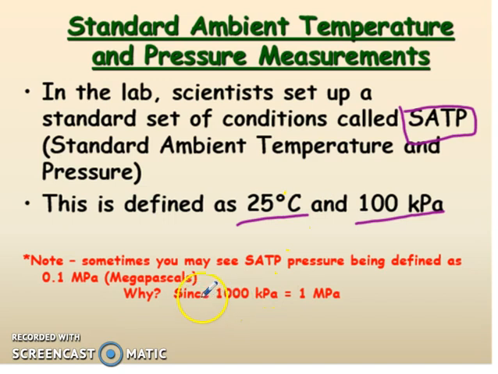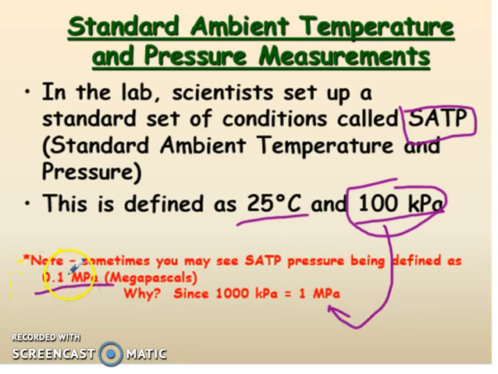Sometimes, instead of 100 kPa for SATP pressure, what you might see in your textbook or online is 0.1 megapascal. 0.1 megapascal is the exact same thing as 100 kPa.